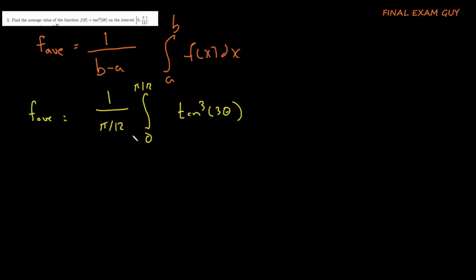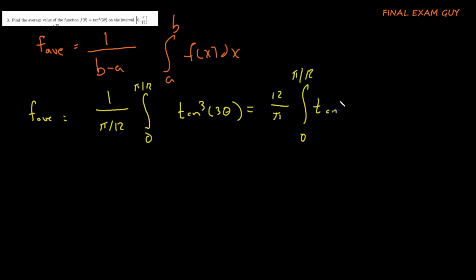When you're taking the integral of a trigonometric term raised to some power, even if it's to the power of 7, 6, 5, whatever, you just separate it into smaller powers of tan. So if I rewrite this, the constant in front of the integral becomes 12 by pi, integral 0 to pi by 12.